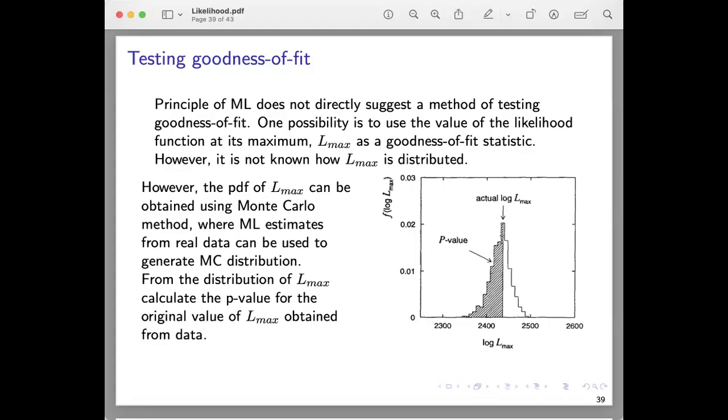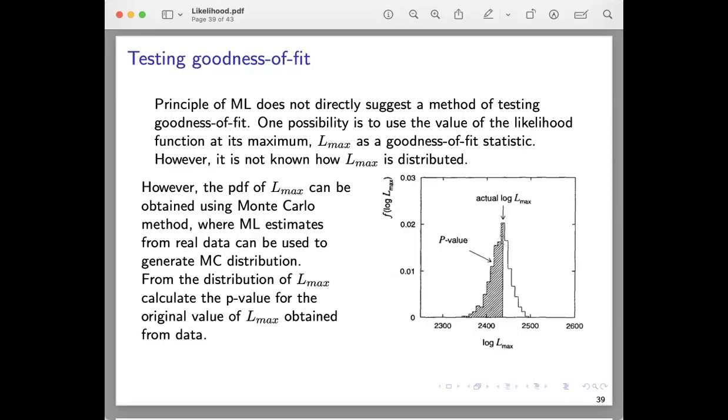One possibility is to use the value of the likelihood function at its maximum, Lmax, as a goodness of fit statistic. However, we don't know how the maximum value of the likelihood is distributed, unlike the chi-square, where given the number of degrees of freedom we know its distribution.